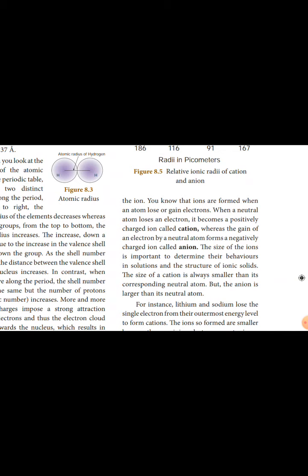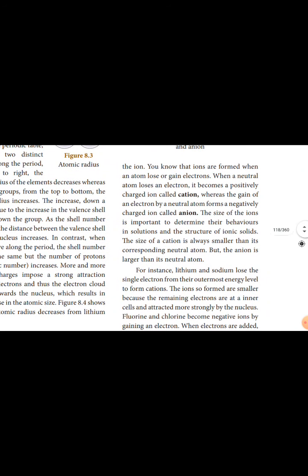Cations are positively charged ions formed by losing one or more electrons from the neutral atom. Anions are negatively charged ions formed by gaining one or more electrons.